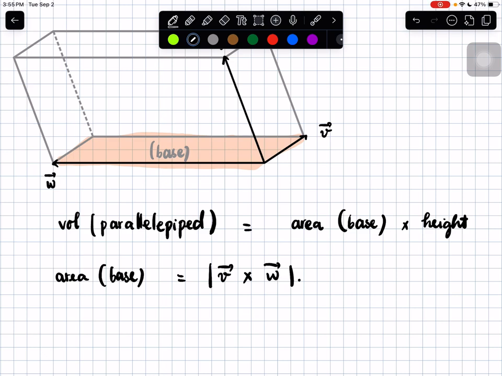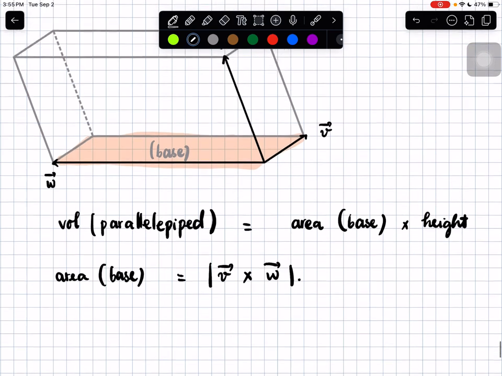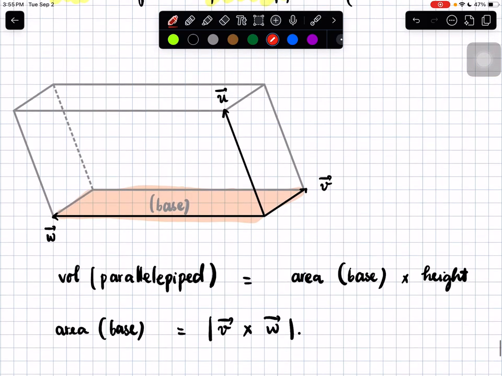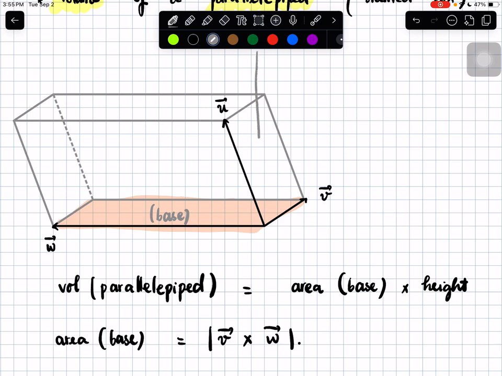The second thing, we need to compute the height. So let me draw the height. The height of the parallelepiped is perpendicular to the base, right? So this is the vector, the height. So actually this is the vector perpendicular to the base in this direction.